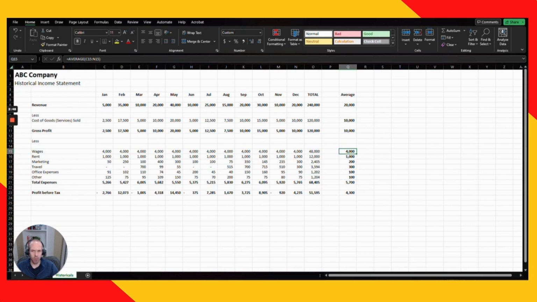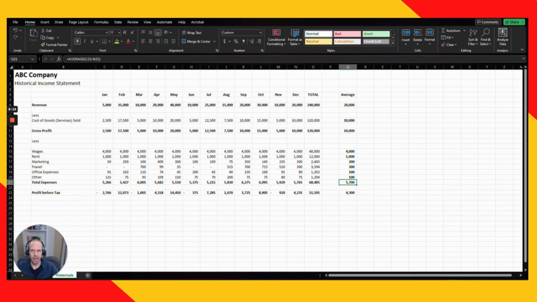On an average basis, this business, ABC company, spends $4,000 a month on wages, $1,000 a month on rent, $200 a month on marketing, $300 a month on travel, $100 a month on office expenses, and $100 a month on other expenses, which adds up to total expenses on average per month of $5,700. So you take those averages and use them to build a budget. Let's start looking at what that looks like.